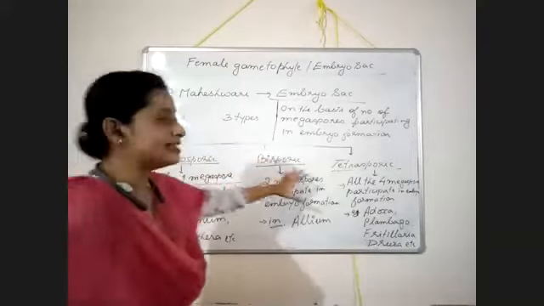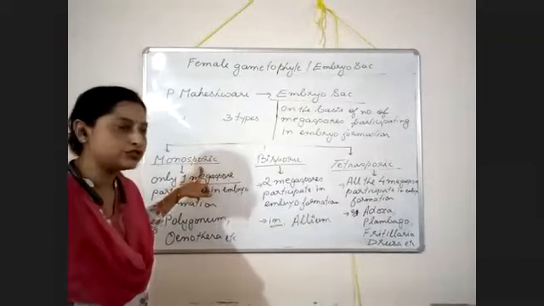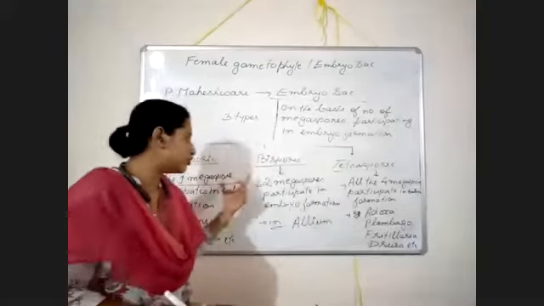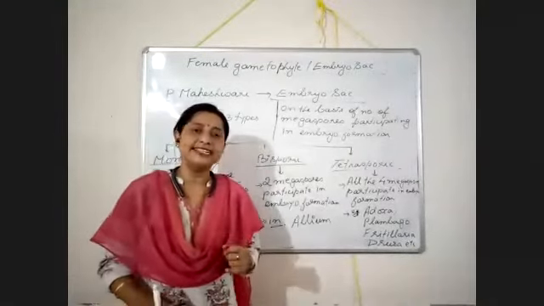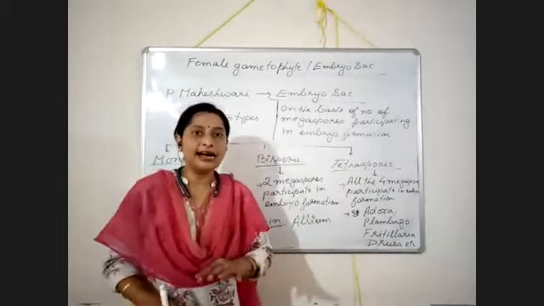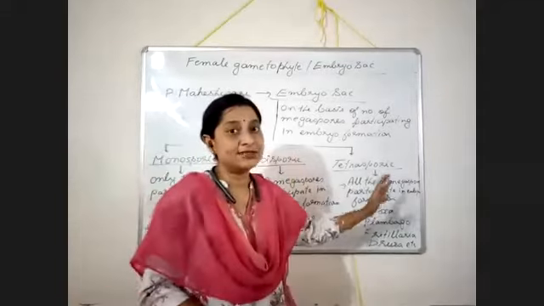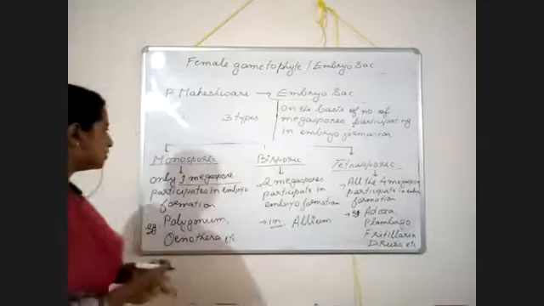Now, out of these, in the last class we talked about monosporic embryo development. Out of the three types, in detail we have to talk about only monosporic, because this is the portion given in your NCERT book, at least for your higher secondary level. For further study, we will have to talk about these in detail, but as of now we'll talk about only the monosporic embryo sac.